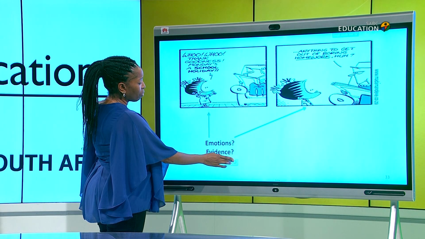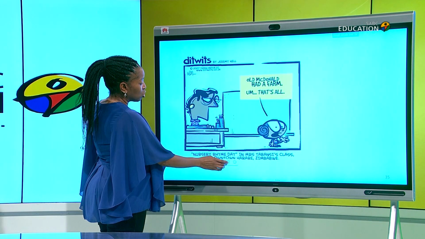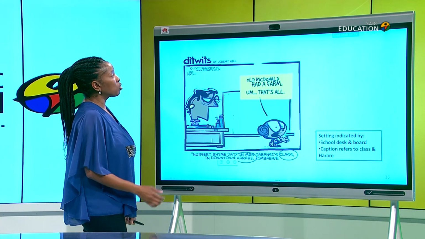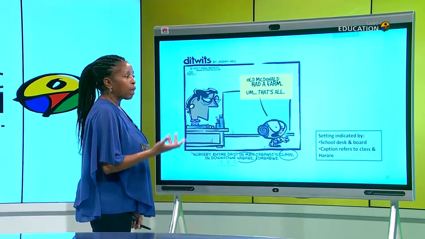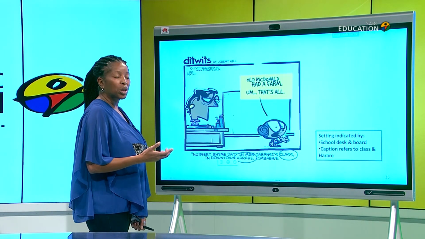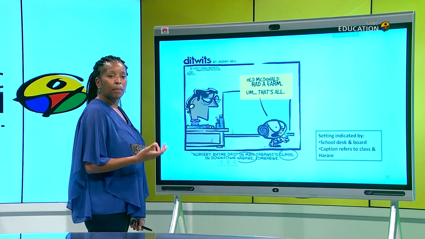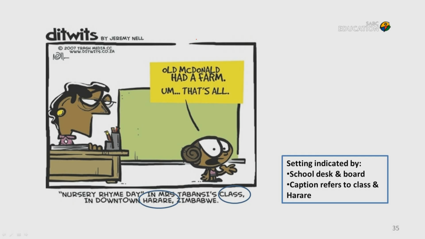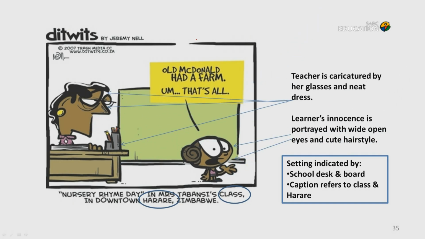Okay, we are going to skip to this particular cartoon of Ditwits, and I just want to go through some of the things we have covered so far. We've covered setting, background, and here it tells us classroom in Harare. We go to the next one. We see facial expressions, body language.